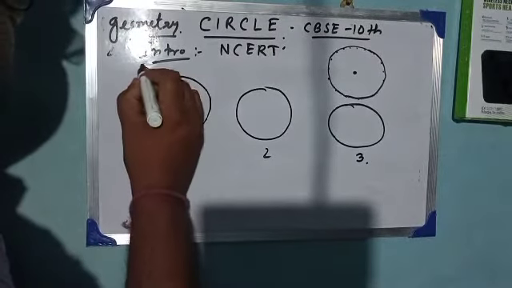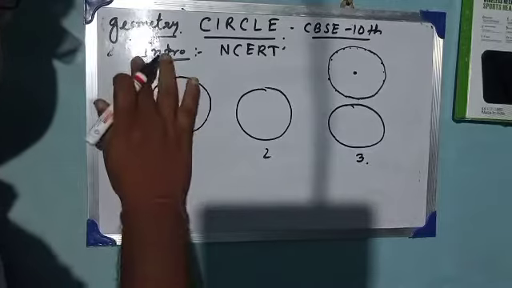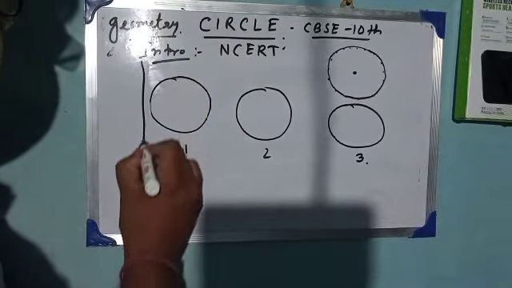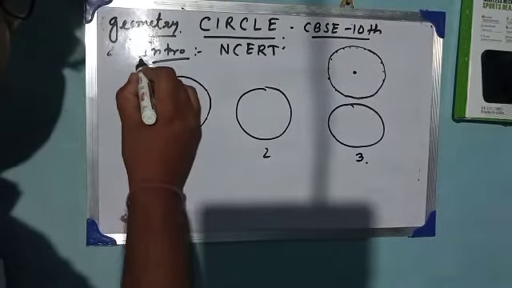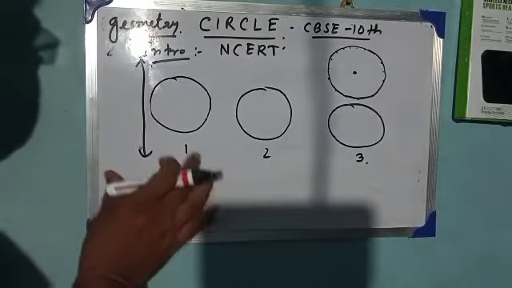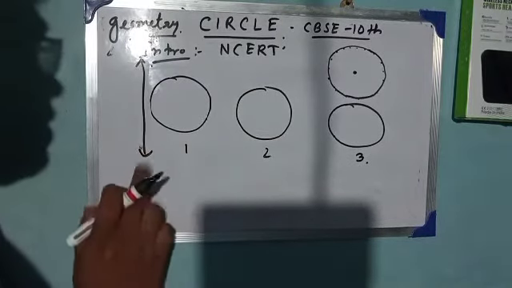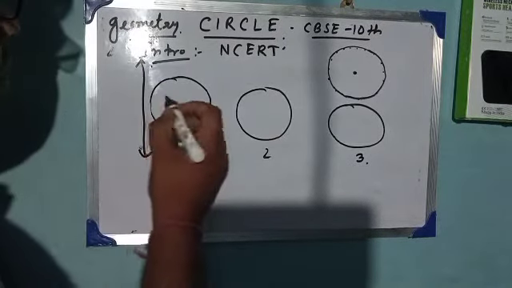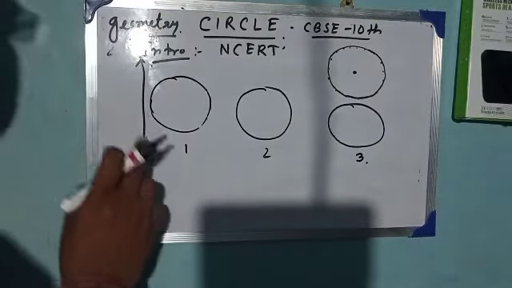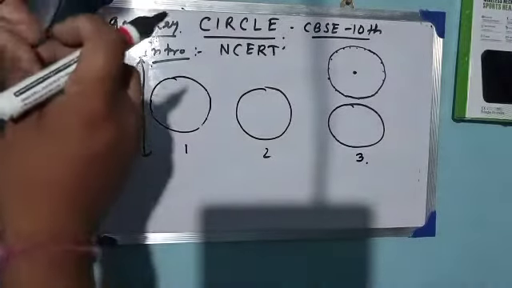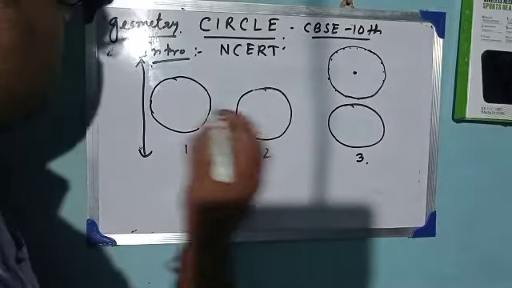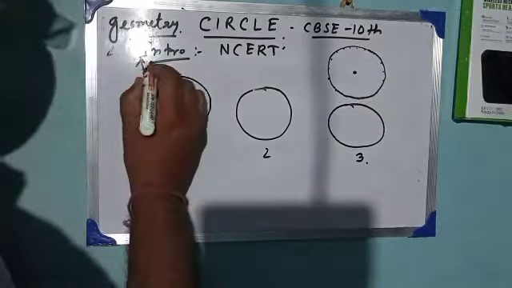Now I am taking one line which passes outside the circle. So this line is a non-intersecting line, which does not pass through circle number 1. Next, if I take another line segment, this is the line segment PQ.